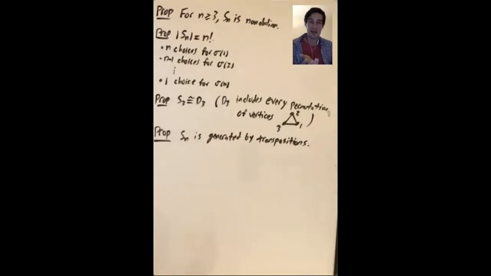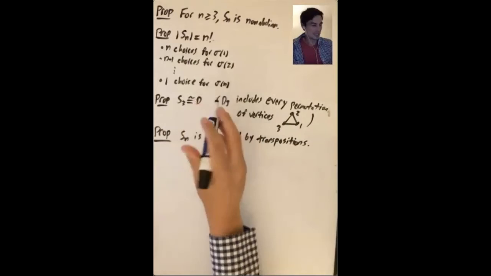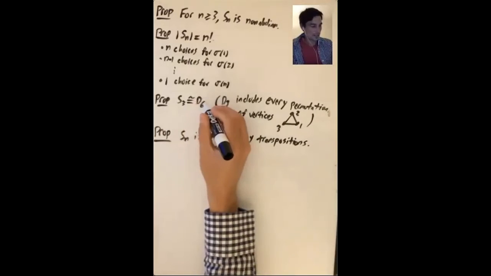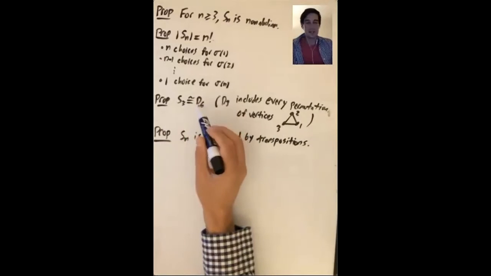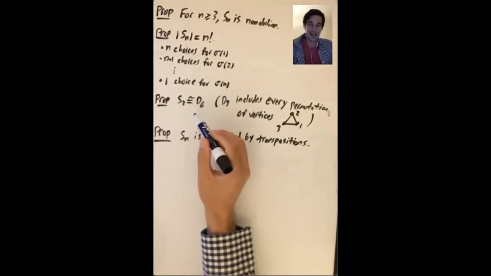Okay, but Sn and Dn are not going to be isomorphic ever again after that, because I'm using D2n for notation. S3 is isomorphic to D6. D2n has size 2n, and Sn has size n factorial. So 2n is just not equal to n factorial ever again.